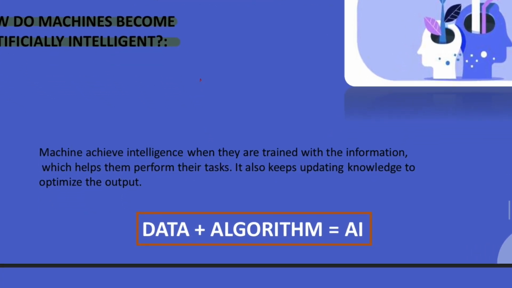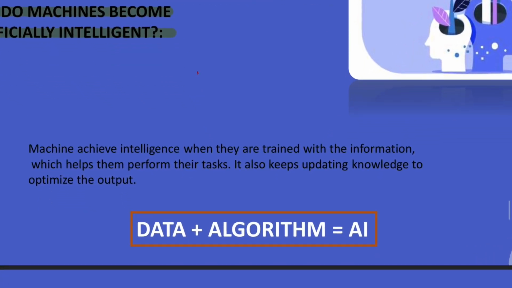So here is the answer. Machines achieve intelligence when they are trained with data. So machines achieve intelligence when they are trained with information. With the help of that trained information, they perform their tasks. They take decisions. And they also update knowledge to optimize the output.